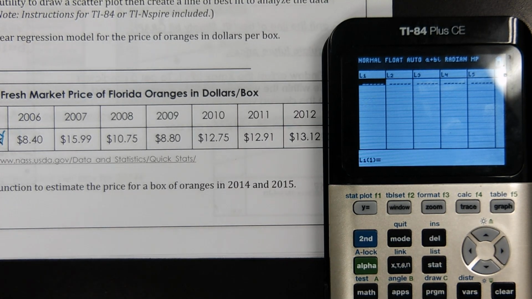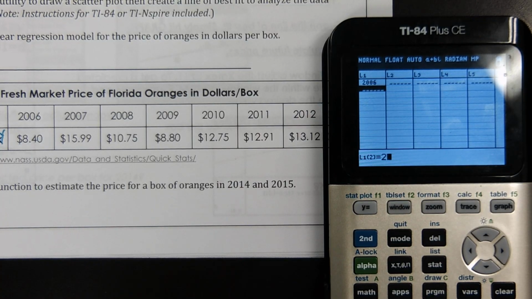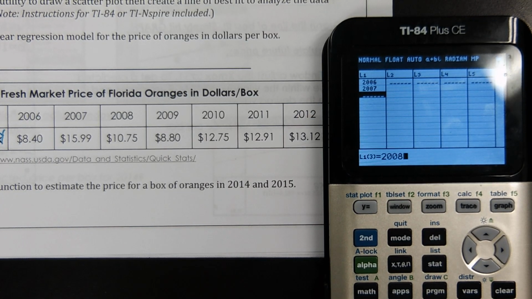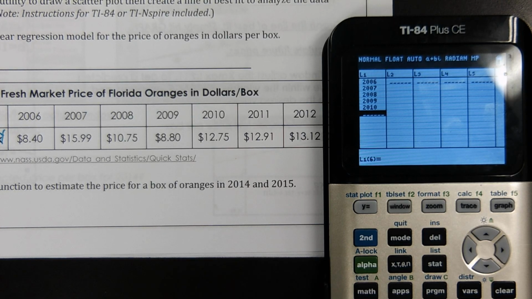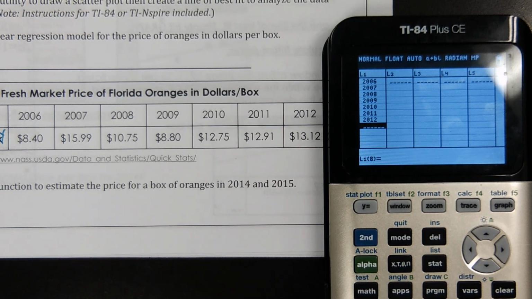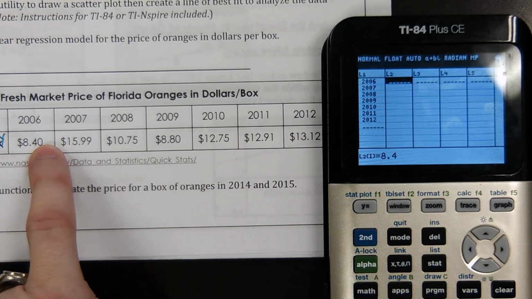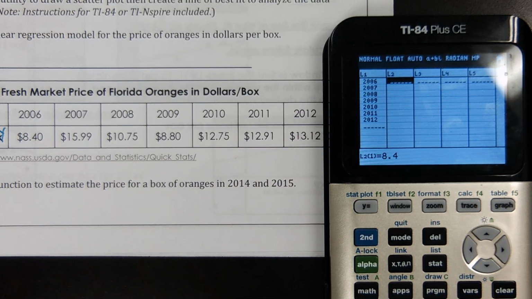Okay, I'm going to fill out my X list with the years. There. 6, 7, 8, 9, 10, 11, 12. Those are the years, 2006 through 2012. Just in case you don't know, if it ends in a 0, you don't have to type that 0.